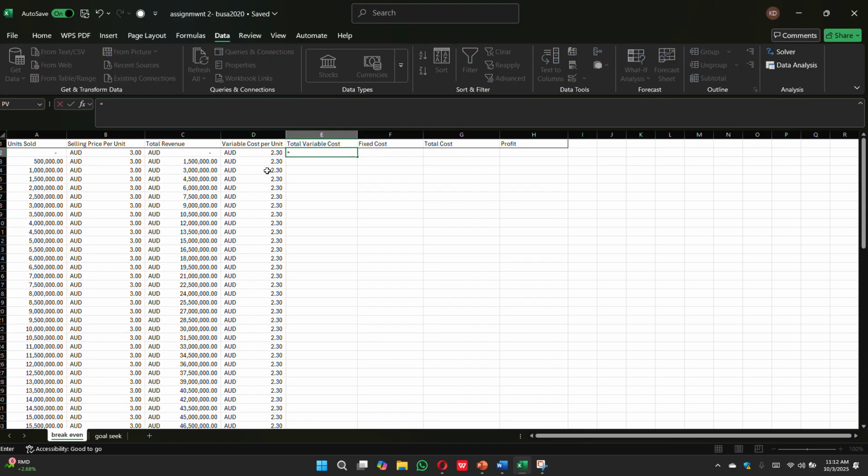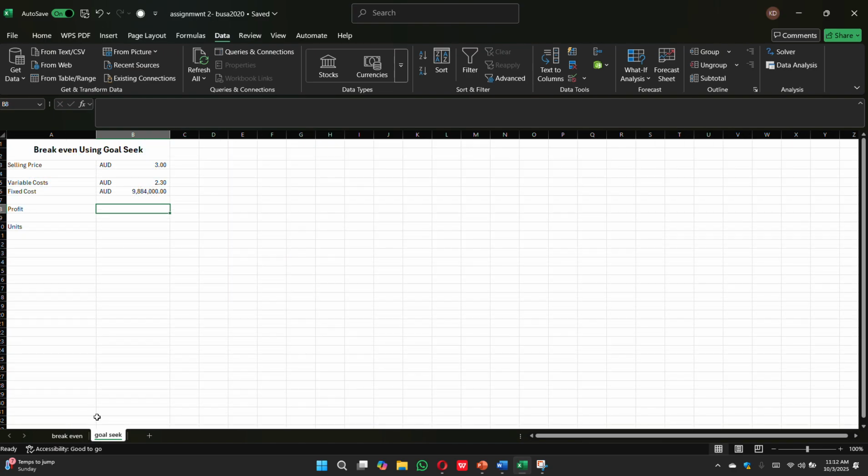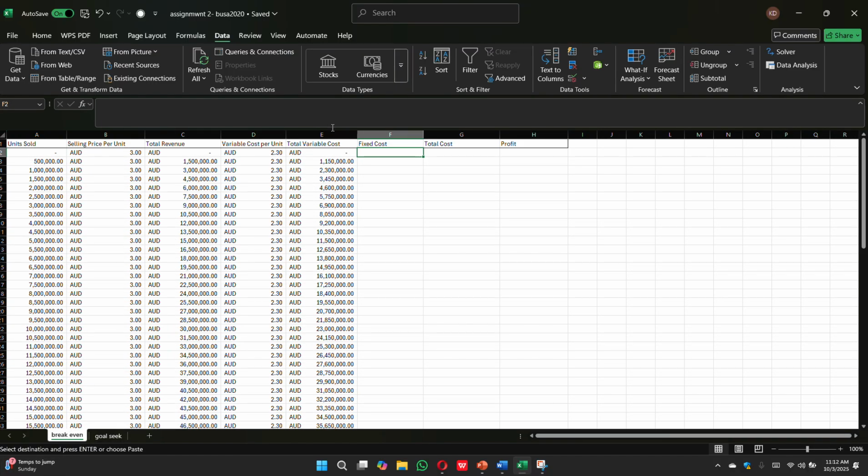Total variable cost would be this into the output, so it basically changes with the output. Fixed cost would be the same. I had it written down in this sheet. This would be important for our goal seek part, where we get our exact output, but we'll get back to that later.